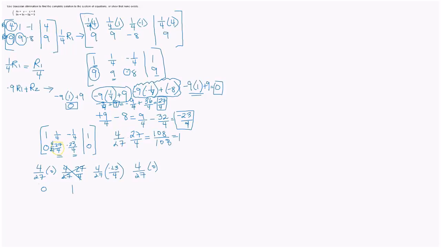In our third position, 4 times negative 23 gives us negative 92 on the top over 4 times 27 equals 108 on the bottom, and that can be reduced, which I'll do in a moment. And 4 over 27 times 0 is going to be 0. So that's going to be our bottom row, but I want to reduce this.